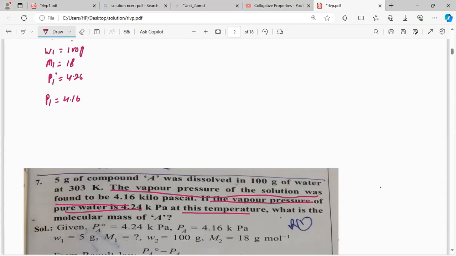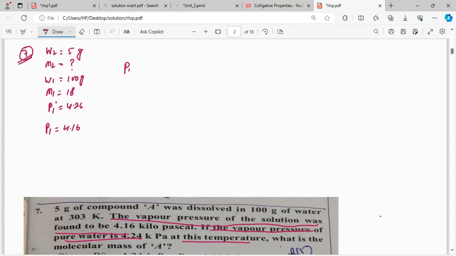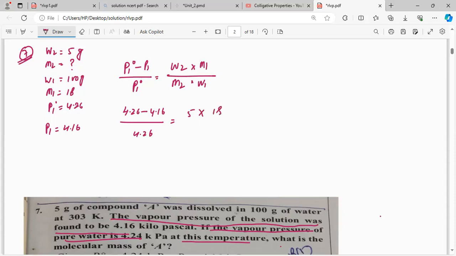So what we can do here to solve this problem? Very simple now. (P1 naught minus P1) upon P1 naught is equal to W2 upon M2 multiply by M1 upon W1. So P1 naught is 4.26 minus 4.16 divided by 4.26 equal to W2 5, M1 18, M2 they are asking, W1 is 100.